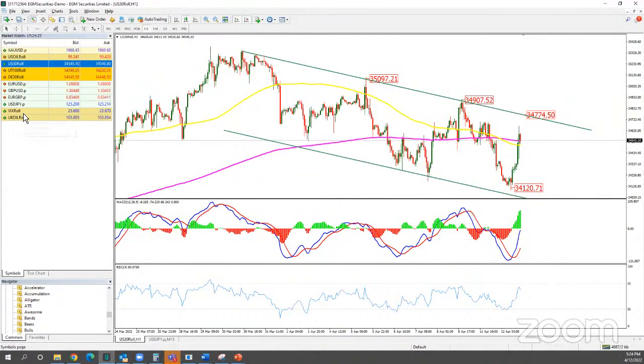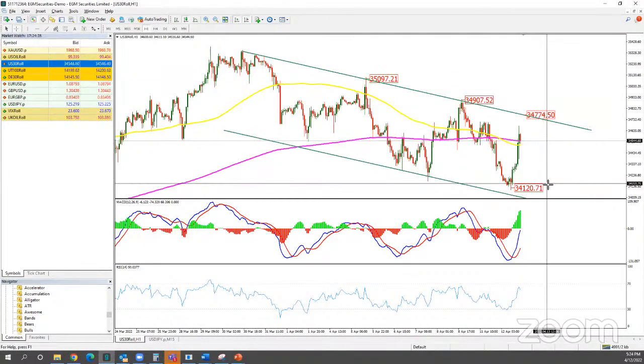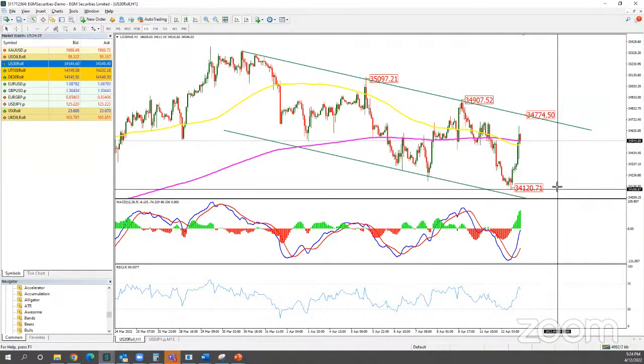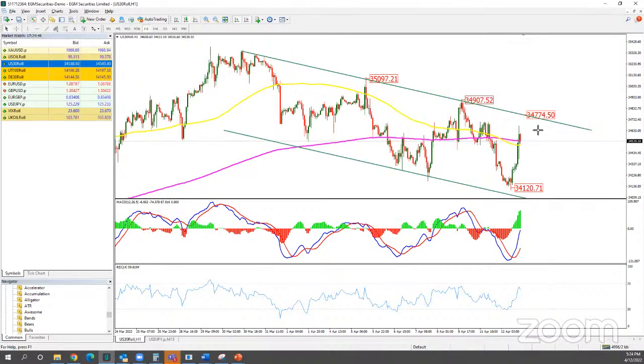Check the VIX index. If the VIX index is going up, that means a huge chance that the Dow Jones is going down. Or once prices reach this area, I can make a trade to the upside and aim for 34,774. If we saw this trend line tested and then went down, that means this bearish channel continuation.